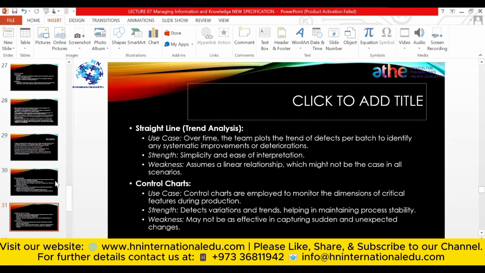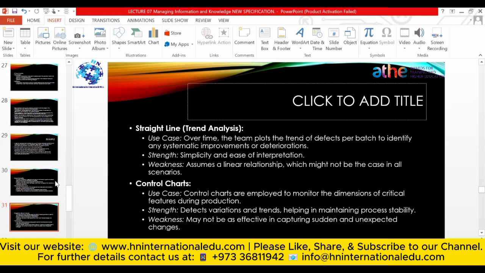Then control charts. Control charts are employed to monitor the dimensions of critical features during production. Maybe the wings should be perfect, the fan, the helicopter, each and every component of it. Strength: it detects variations and trends, helping in maintaining process stability.